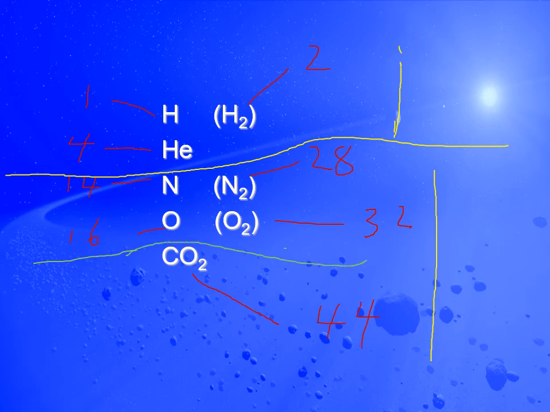But Mars has less gravity than Earth, and so Mars has trouble hanging on to even these things, particularly because ultraviolet light from the sun splits them apart into these lighter things, and they leave. And so Mars is able to hang on to the much heavier CO2. And so that's how it does.